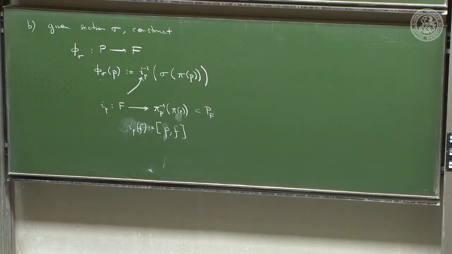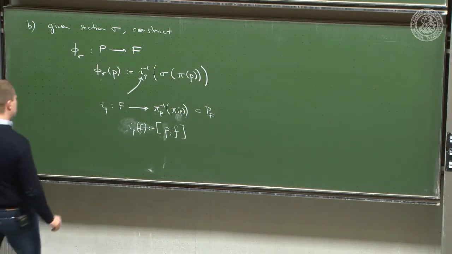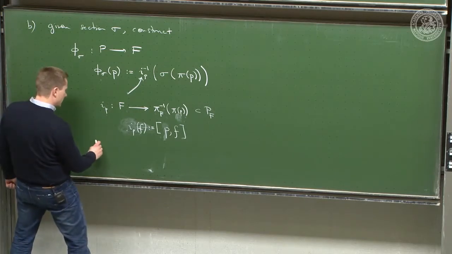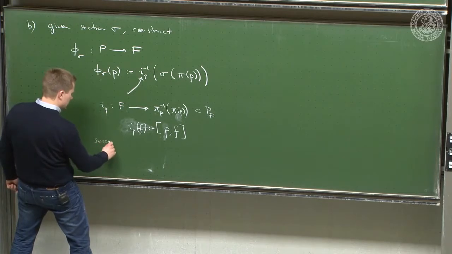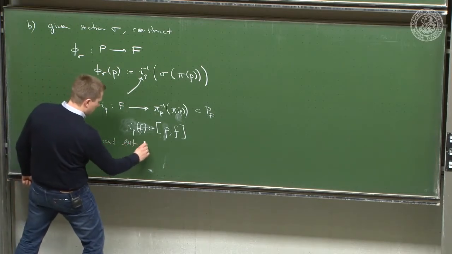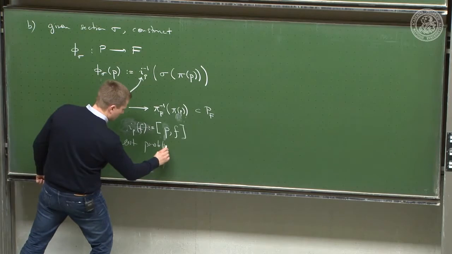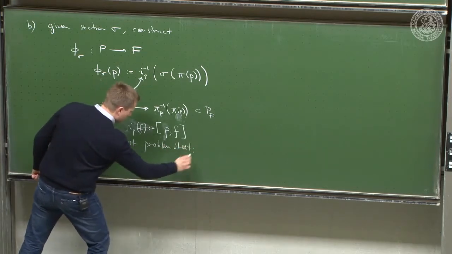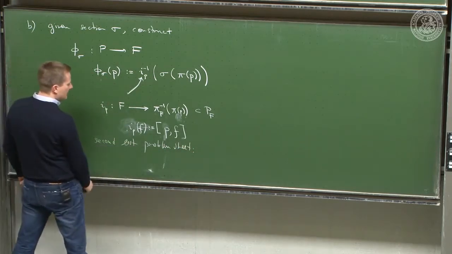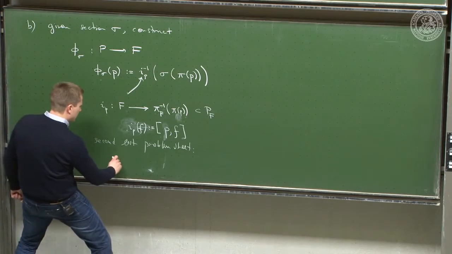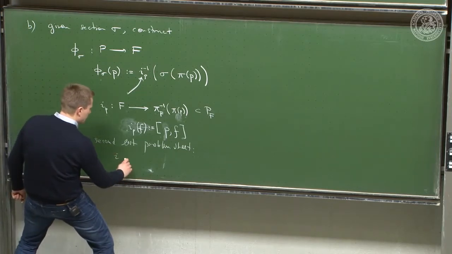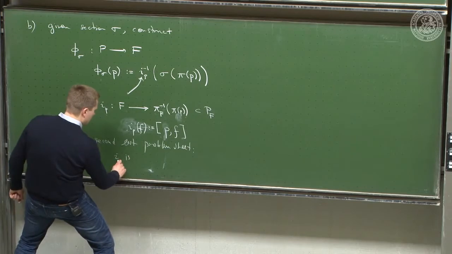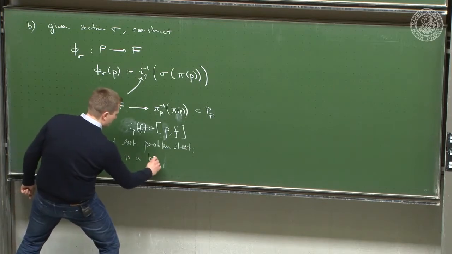Okay? And so I think it was on the second last problem sheet. We constructed explicitly the inverse of this I, but in fact I_P is a bijection.